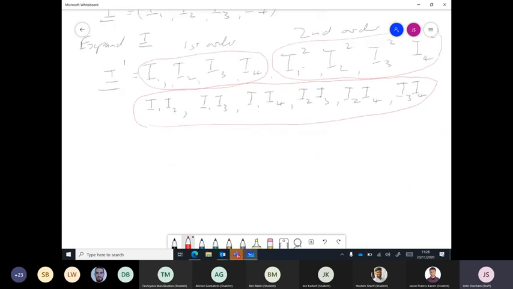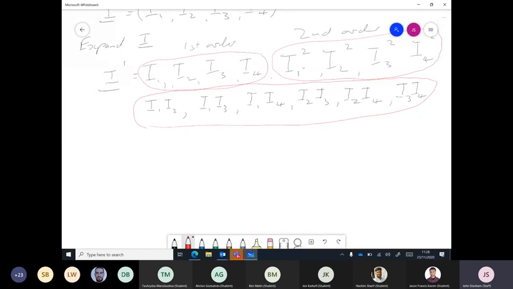Now mathematically, what we are doing, so in general, the calculation is you calculate the summation I equals 1 to D of Wi Ii, the first order terms, plus another summation.